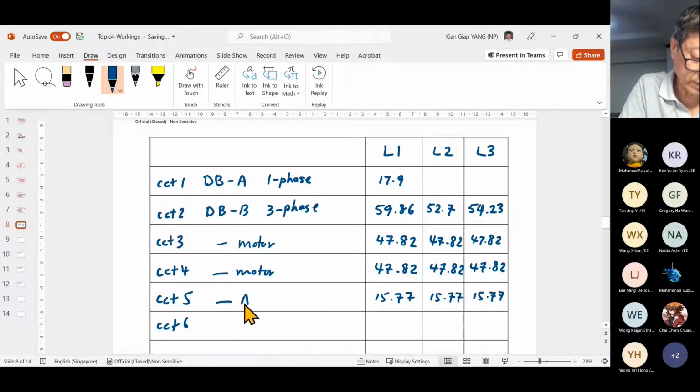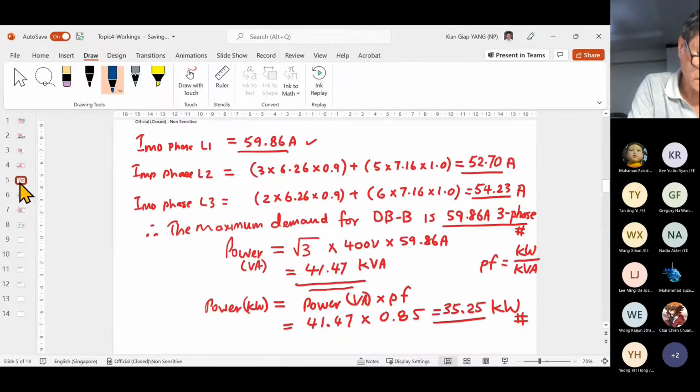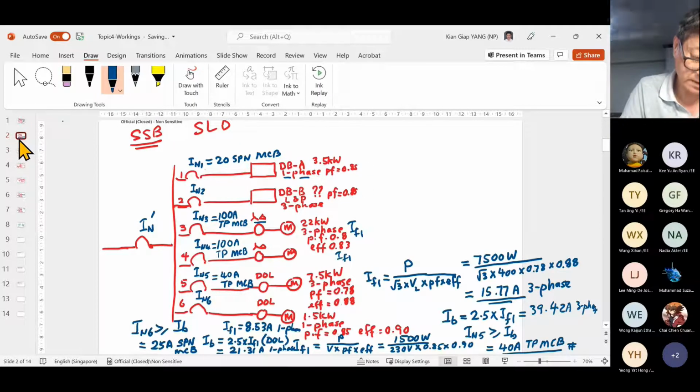This one is an air compressor. And the last one is single phase. Single phase, what was the current?